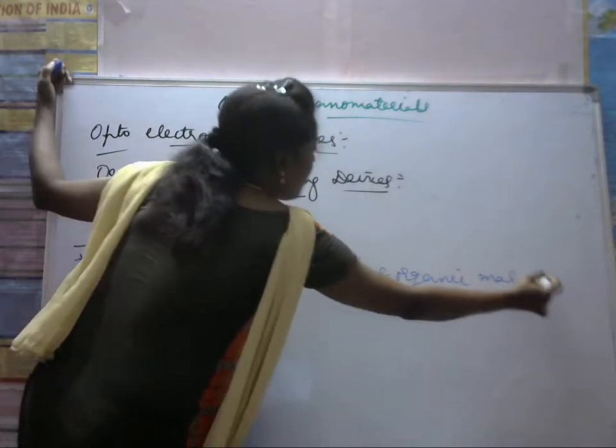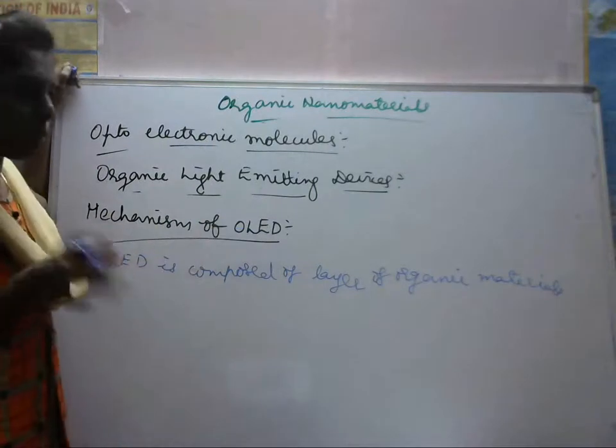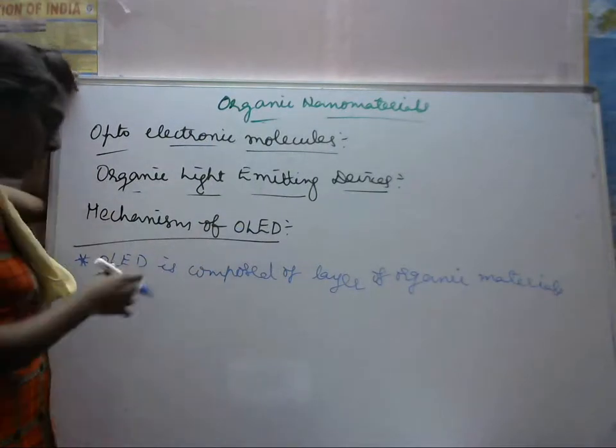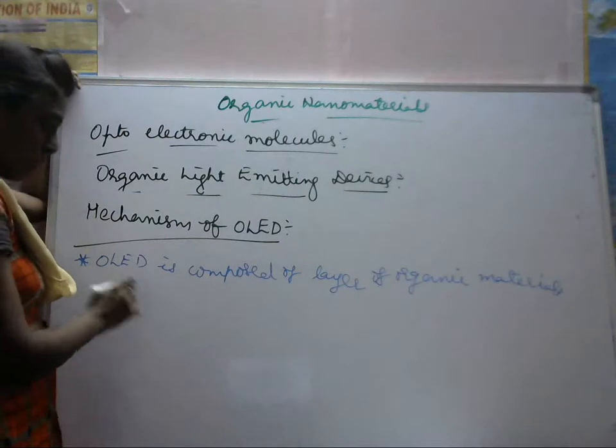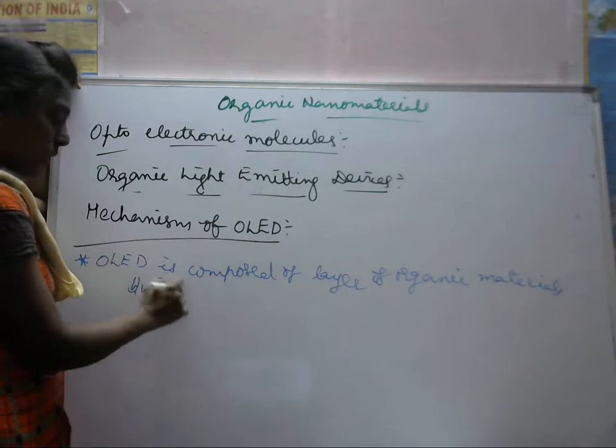It is composed of organic materials, so that's why we call it organic light emitting devices. Already we know it is between two electrodes.